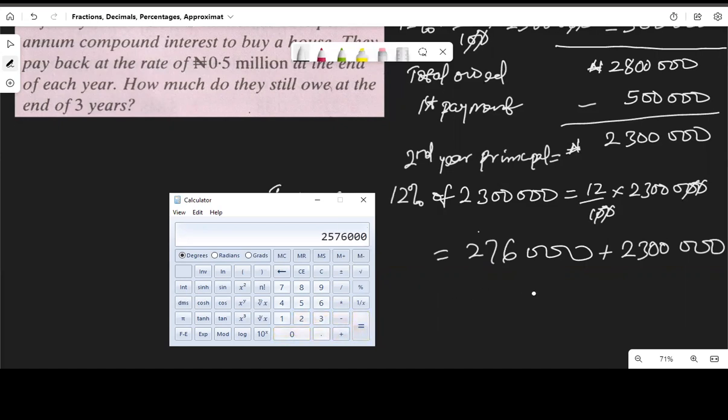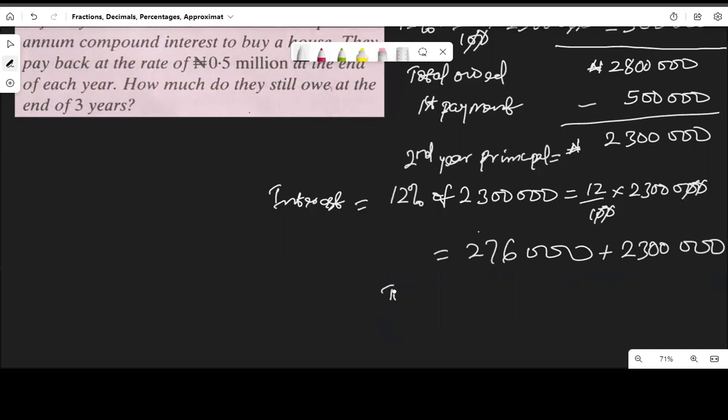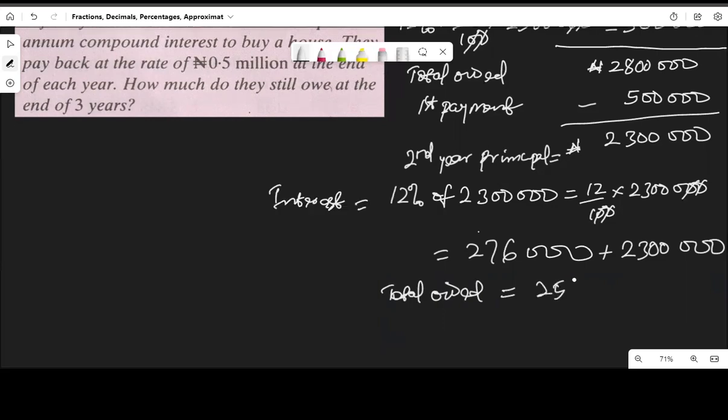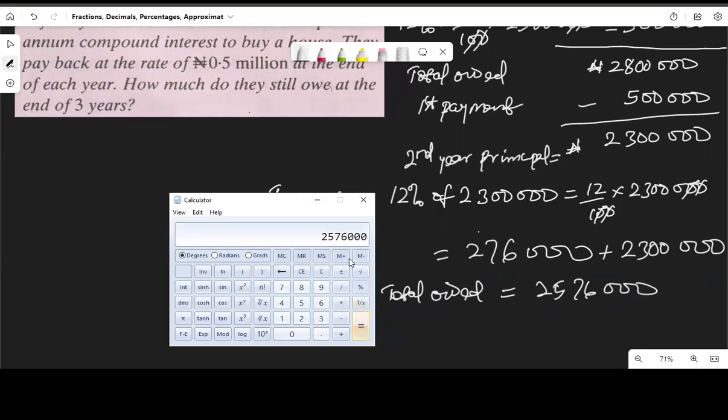That is 2,576,000. The third year principal, or total owed, will be 2,576,000. Did I get that correct? Yes. That is the total owed.